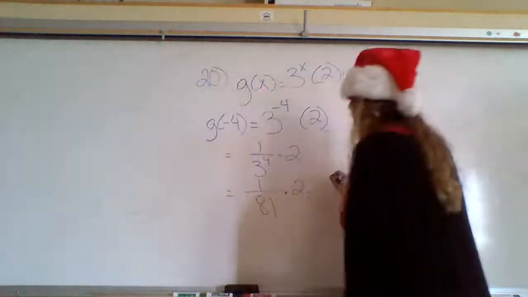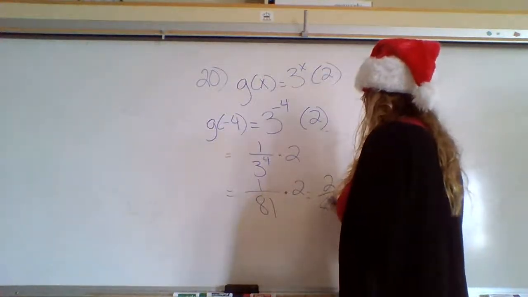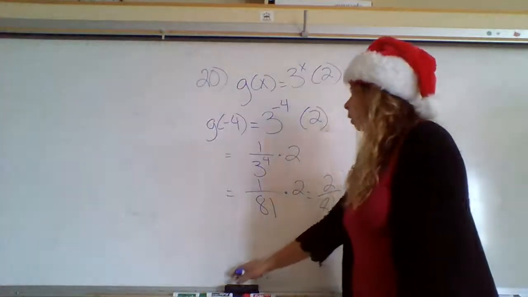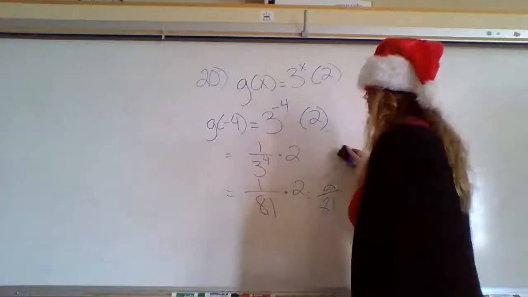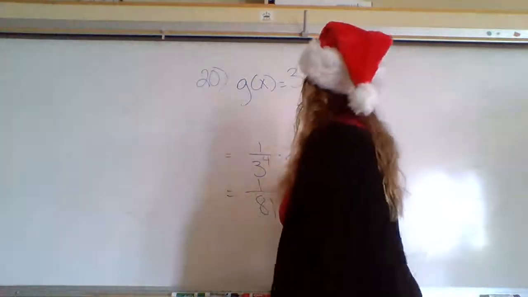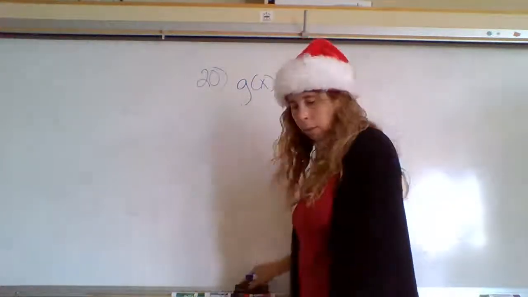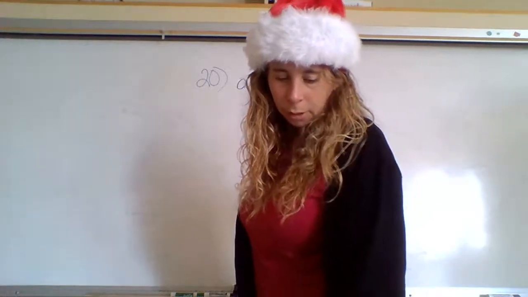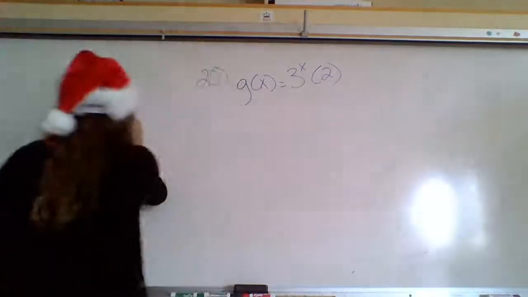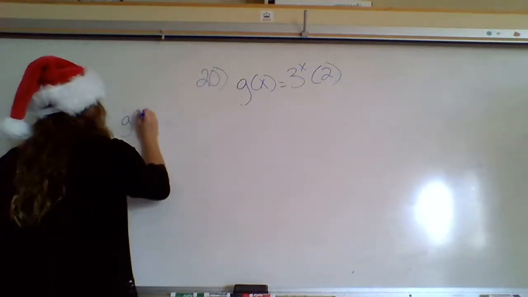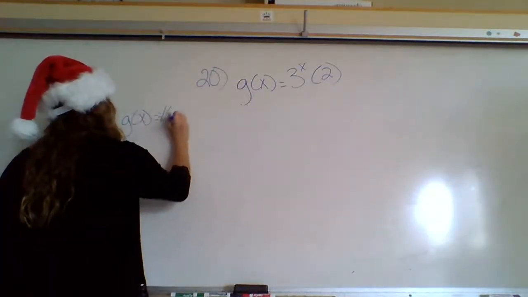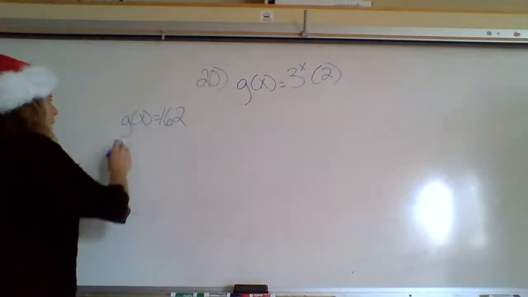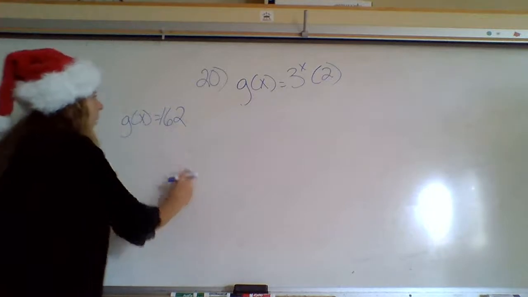So that would equal 2 over 81. All right, what else do we have to do for this one? Oh, then they tell us g of x equals 162. So they tell us that g of x is equal to 162. We need to find x.